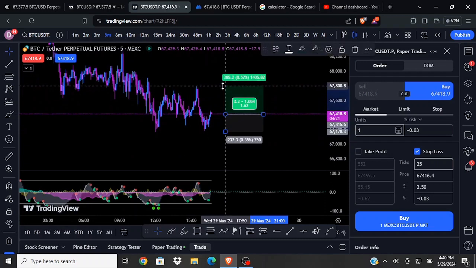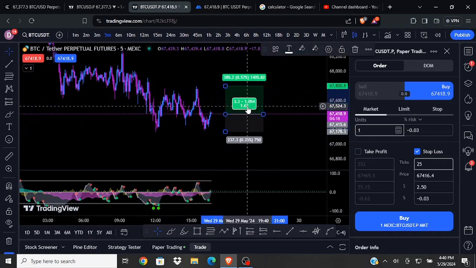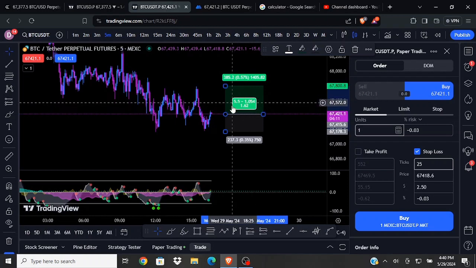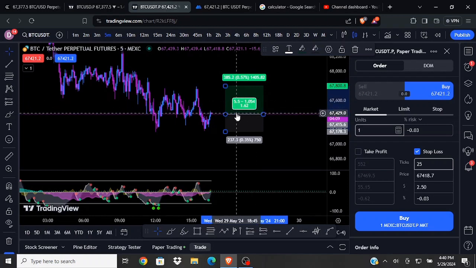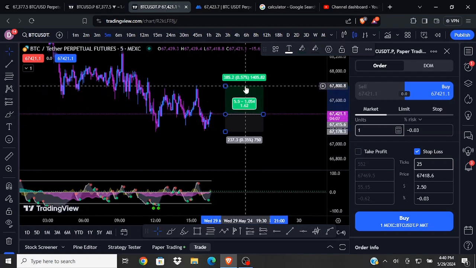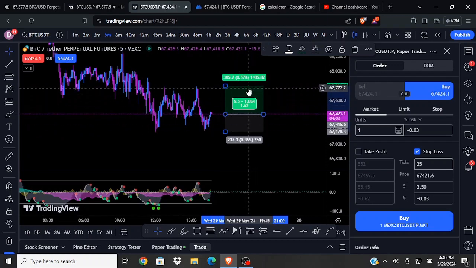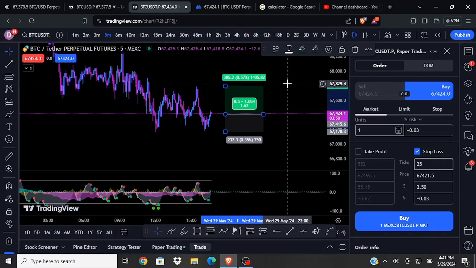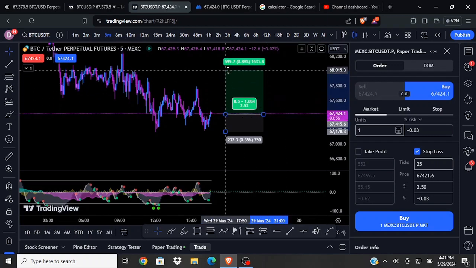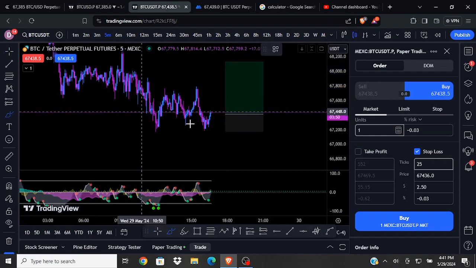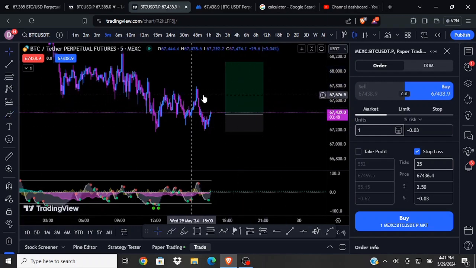Meaning if I'm looking to long right here and targeting the top of this range, do I really want to risk $1 to make $1.62? That is basically what this number right here means. That's your risk reward. So if you're risking $1 and then you're looking to gain $1.60, or for every $1 that you risk, you're looking to gain $1.60. And I typically like to have better risk reward than that. I like to shoot for at least 3 to 1s. And obviously, this depends on what kind of trade it is.